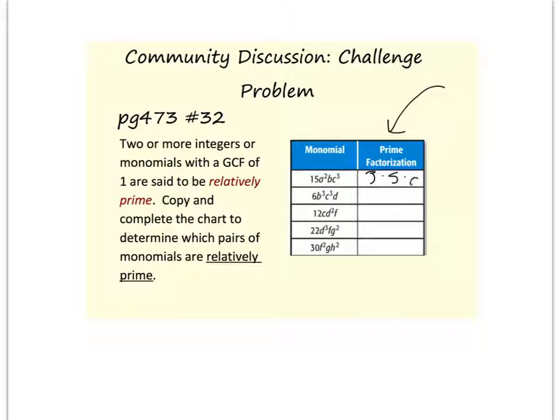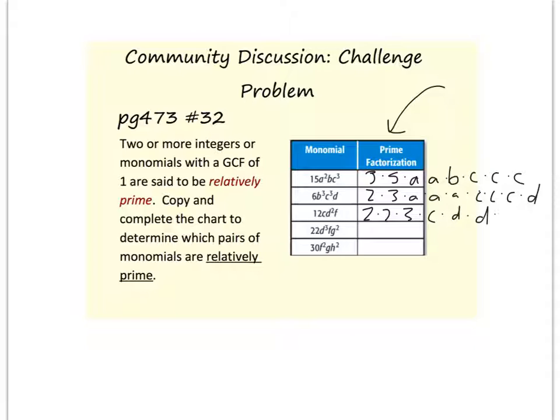And then we have a times b and 3 c's. 6b cubed c cubed d breaks down into 2 times 3. And then 3 a's, 3 c's, and 1 d.